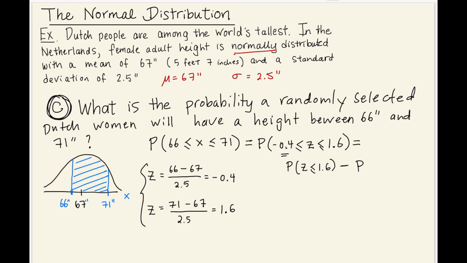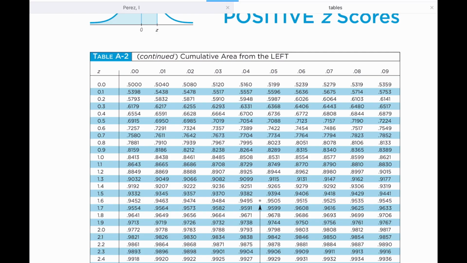So just to recap, I first calculate the area to the left of 71 inches, or a z-score of 1.6. And then I'm going to subtract the area that's to the left of negative 0.4, a z-score of negative 0.4. Okay, and then that gives me this area. And so for 1.6, that's 0.9452 is the area to the left.